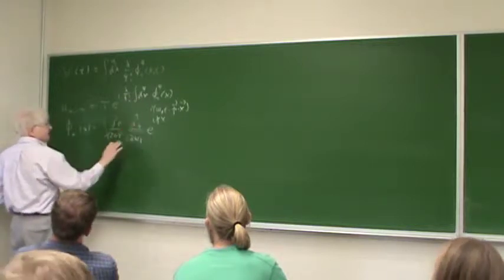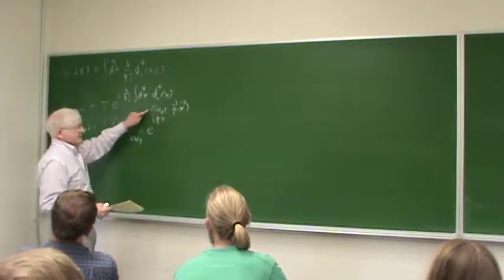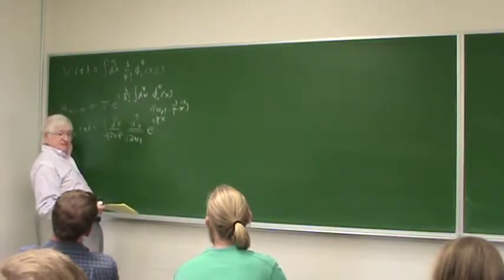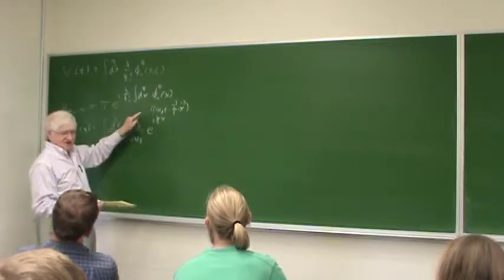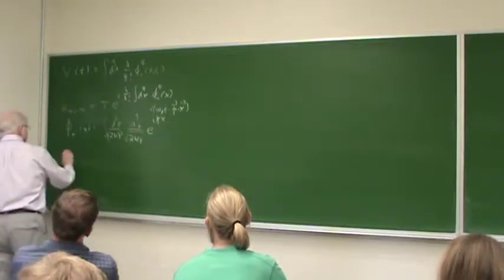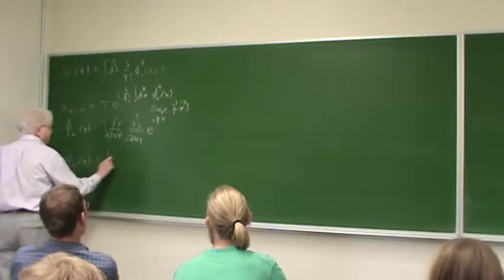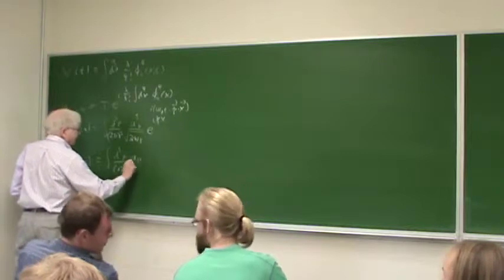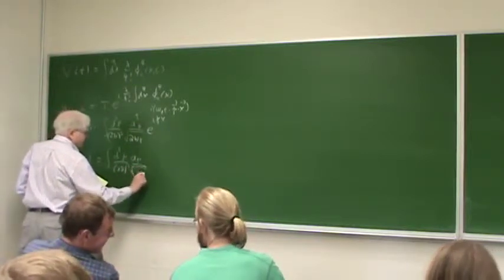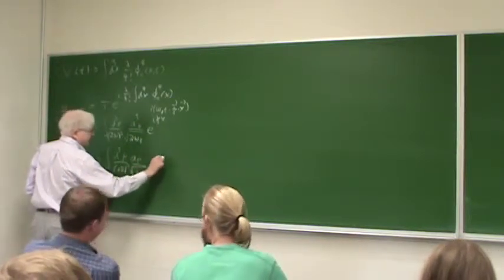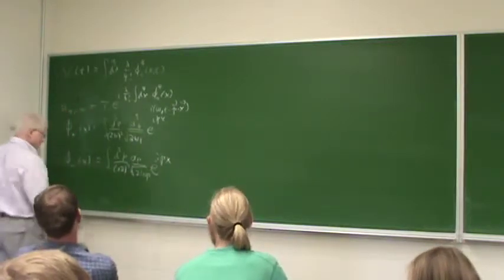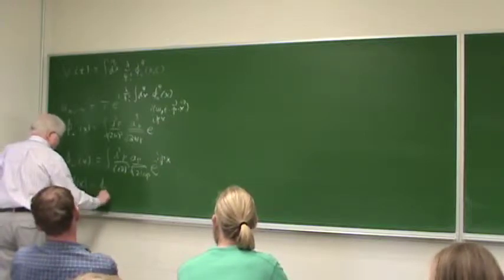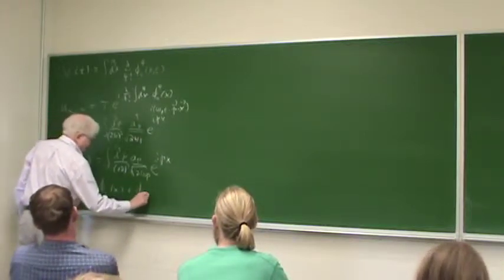But just the creation operators, and so this, which used to be called the negative frequency part, he calls phi plus. And so the plus goes with that plus sign. This makes sense. Phi minus of x is then the integral d cubed p over 2 pi cubed, a of p over the square root of 2 omega p, e to the minus i p x. And the full field phi of x, or at least the free field, is phi plus of x plus phi minus of x.